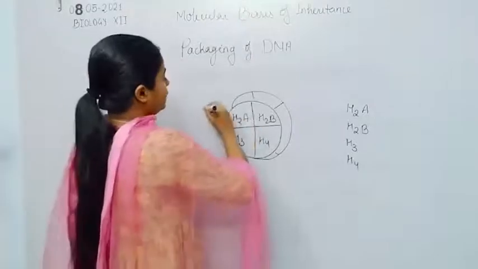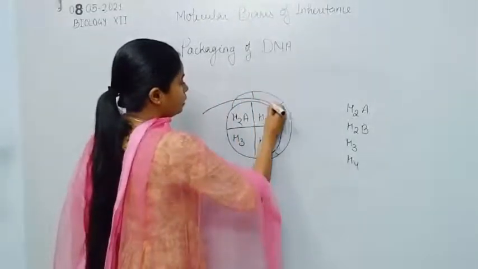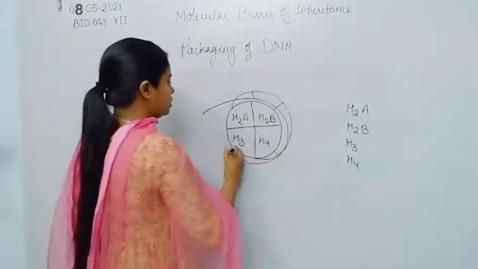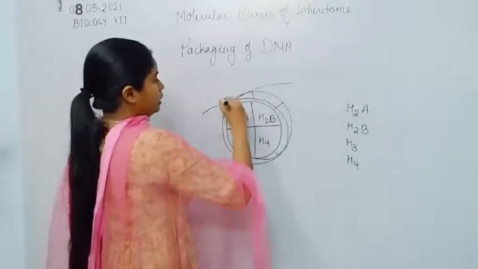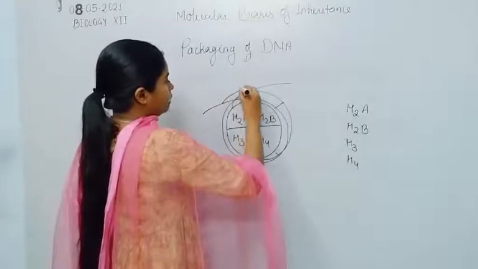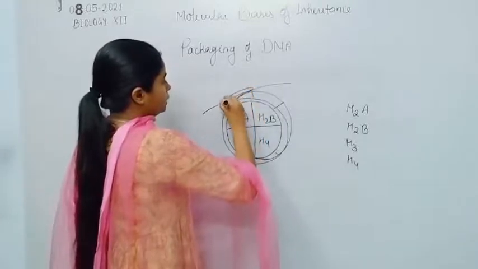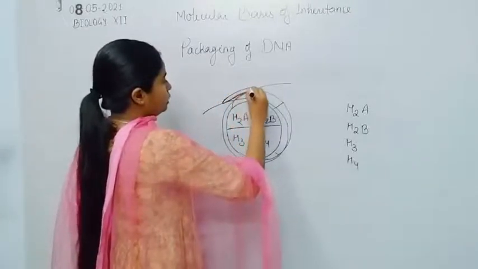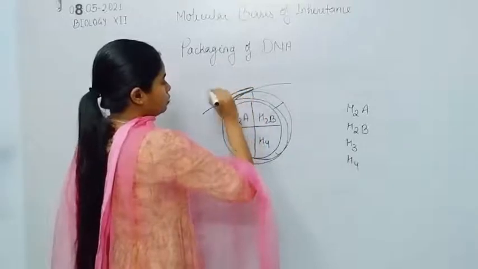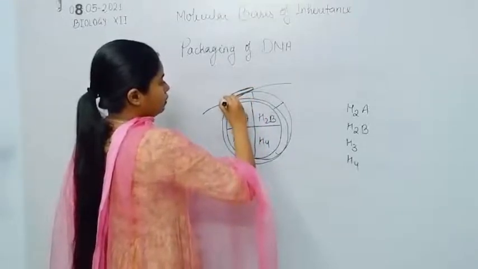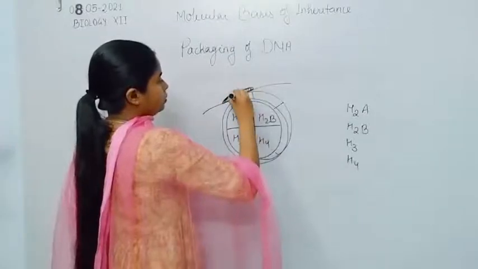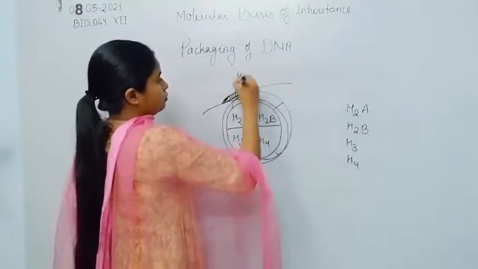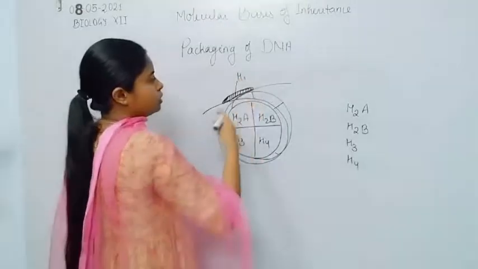Now, when the DNA molecule wraps around the histone protein, it covers it, and it is knotted with the help of another histone protein. It is not a part of the octamer, but is present separately, and is known as H1 histone protein.